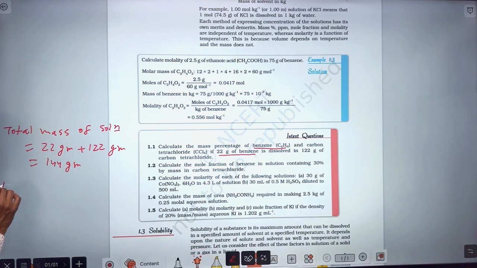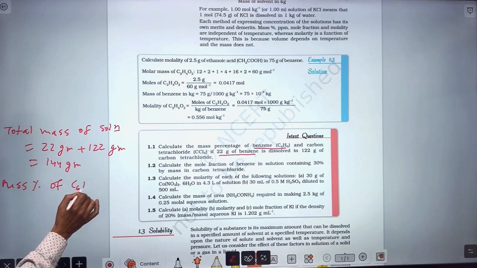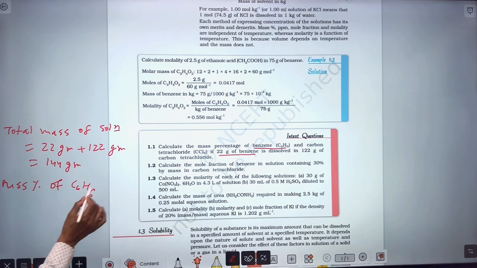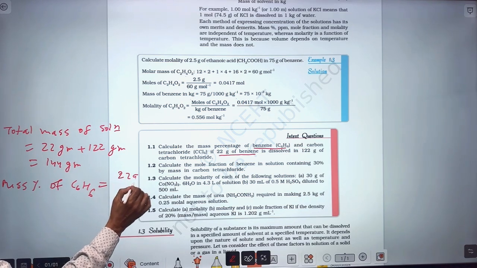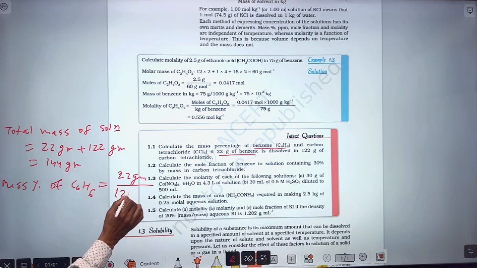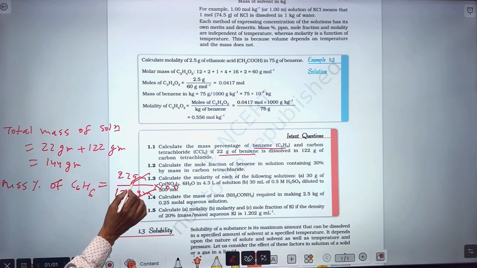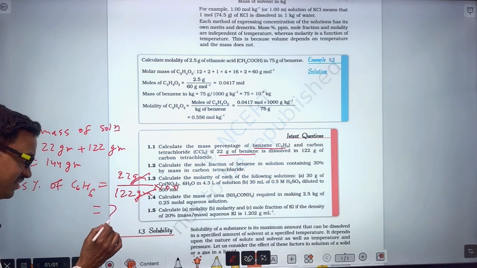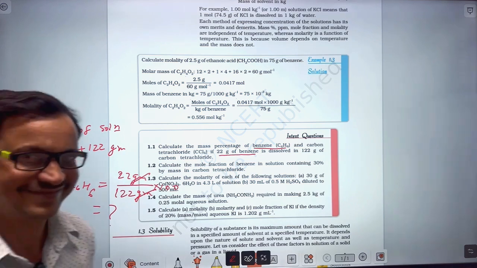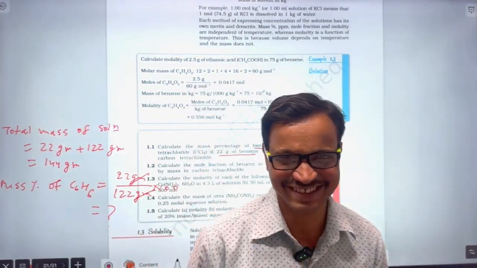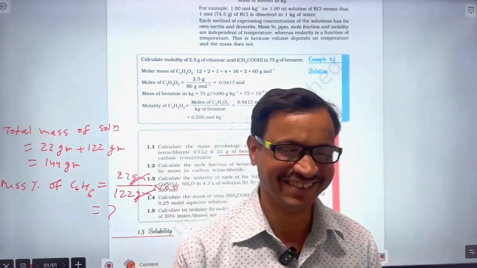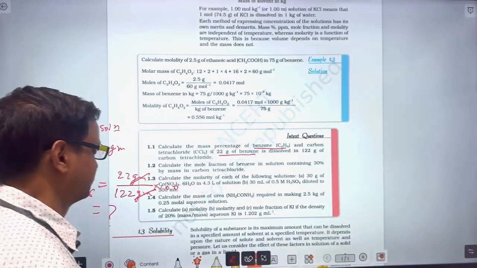So mass percentage of benzene will be equal to 22 gram upon 144 gram into 100. Gram cancels out. After solving, that will be your answer. Was that question not easy? Now proceed to the next question.